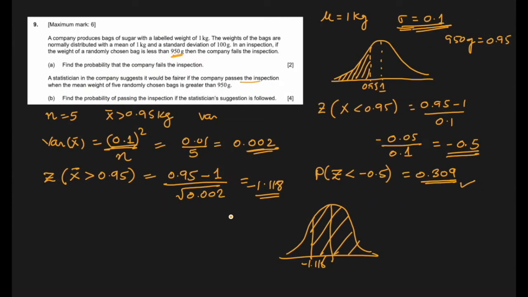So we got our probability that x bar is more than minus 1.118, not x bar, z, is 0.868. This is the probability.